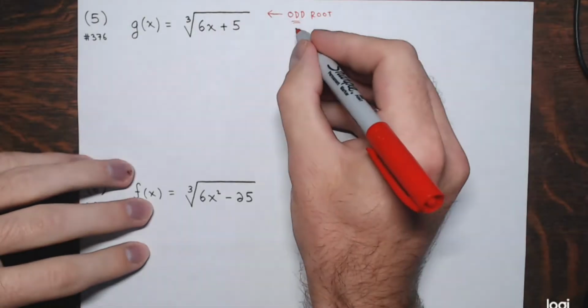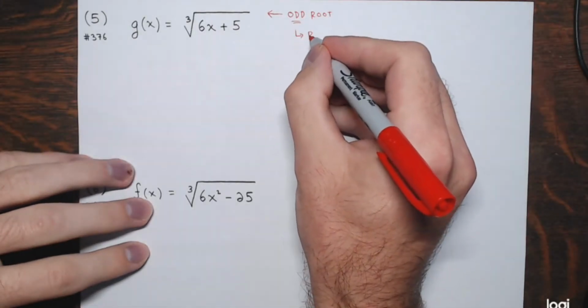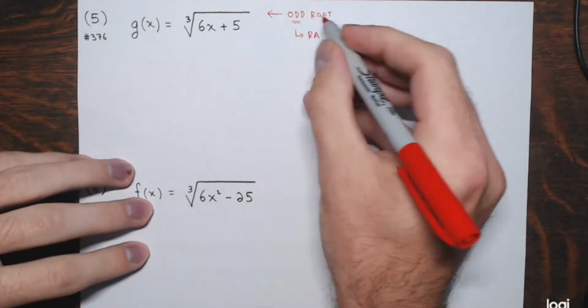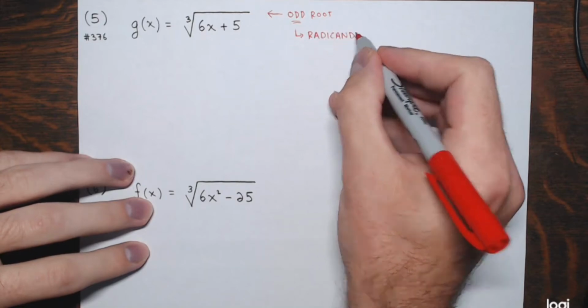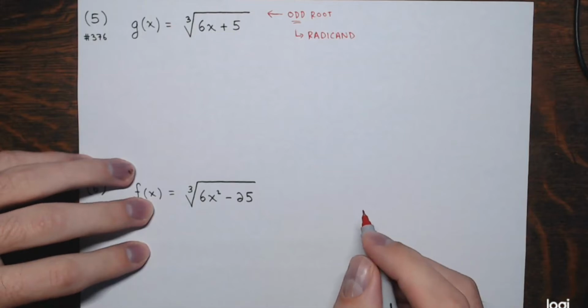For an odd root, the radicand, the expression inside the root, can be any real number.